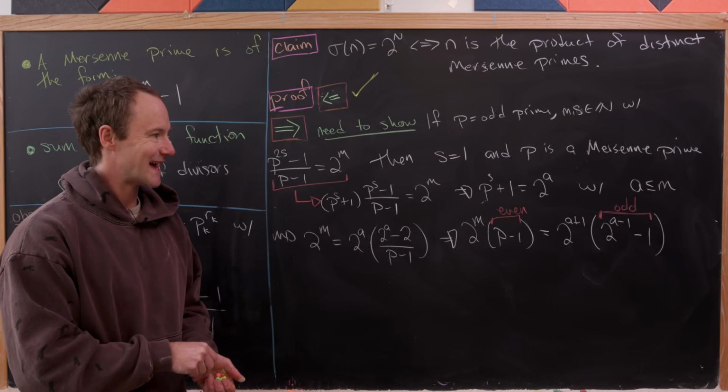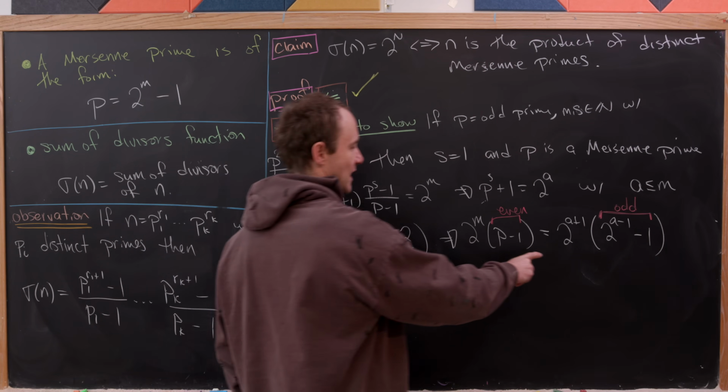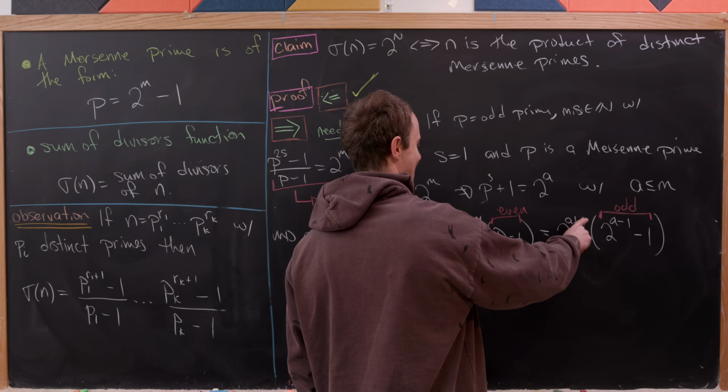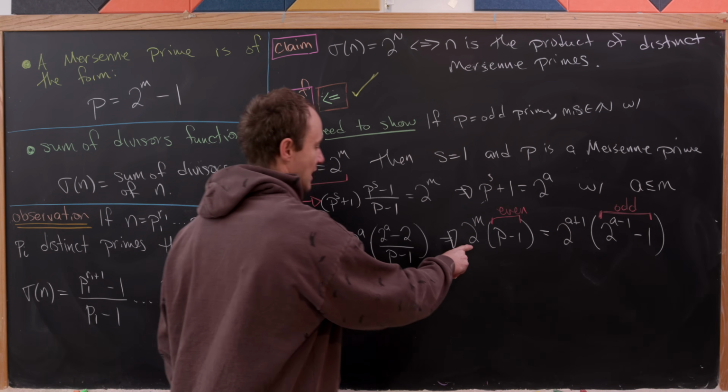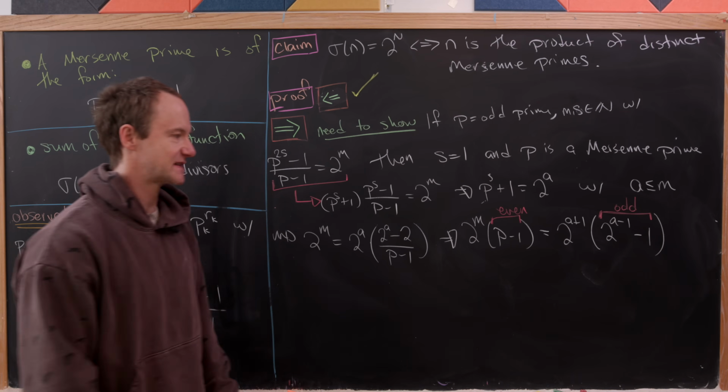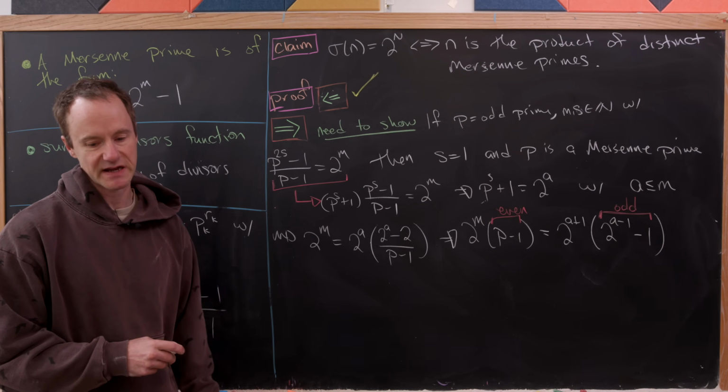So, well, what does that tell us? Well, notice that we have a power of 2 here, which is capturing the entire power of 2 on the right-hand side. And we've got a power of 2 on the left-hand side that's capturing just part of the power of 2 on the left-hand side.